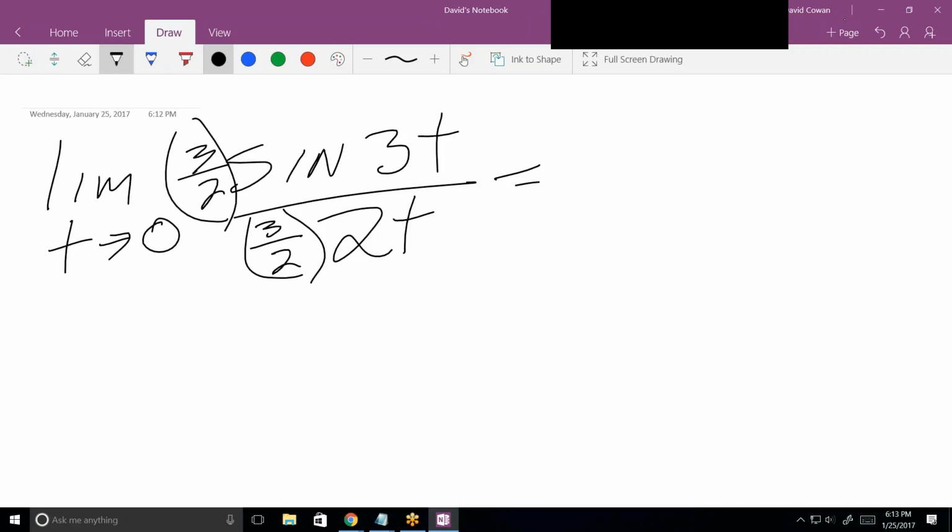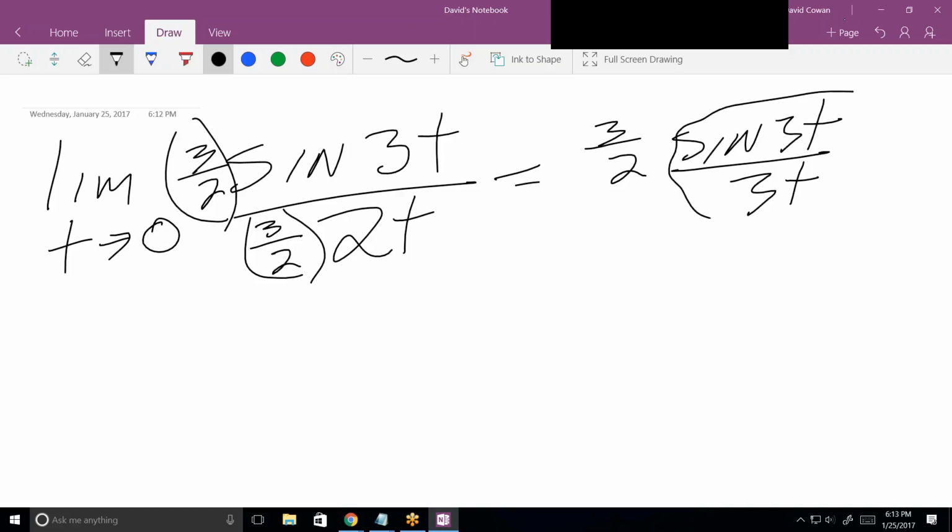Now I've got 3/2 sine of 3t all over 3t. In other words, when I do the bottom, it turns it into 3t. And now I know that that is 1. So that whole limit is 3/2.